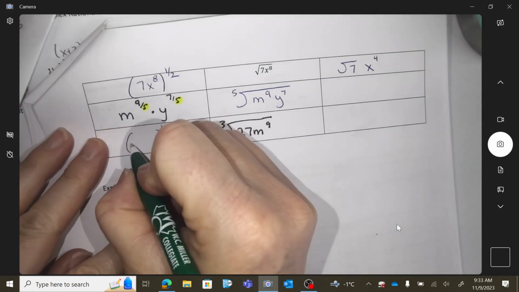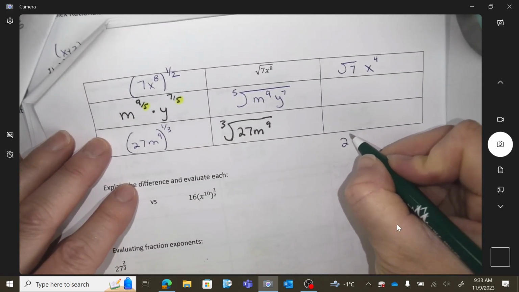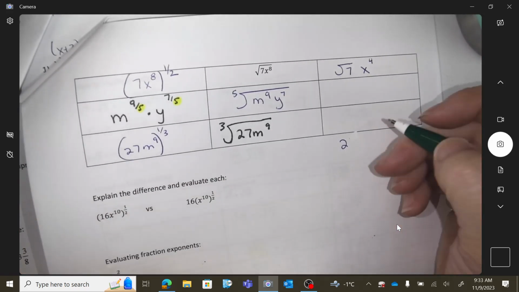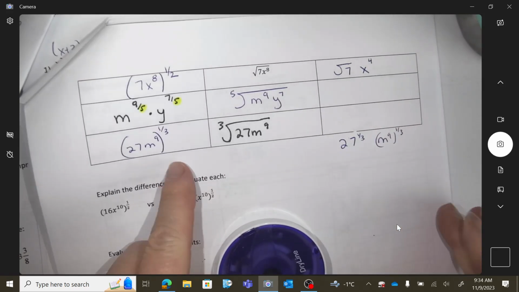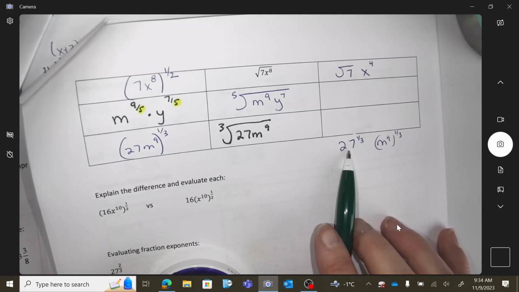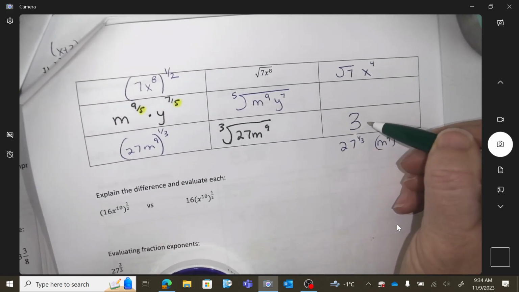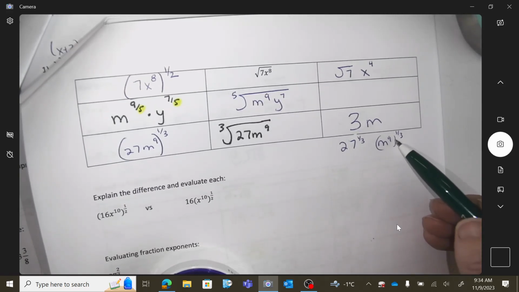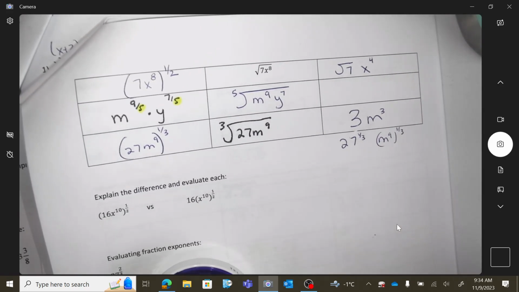And then 27m9. Okay, so what's the math on the coefficient? So what is the cubic root of 27? 3. And what's the rules on the exponent? Multiply, so 9/3.